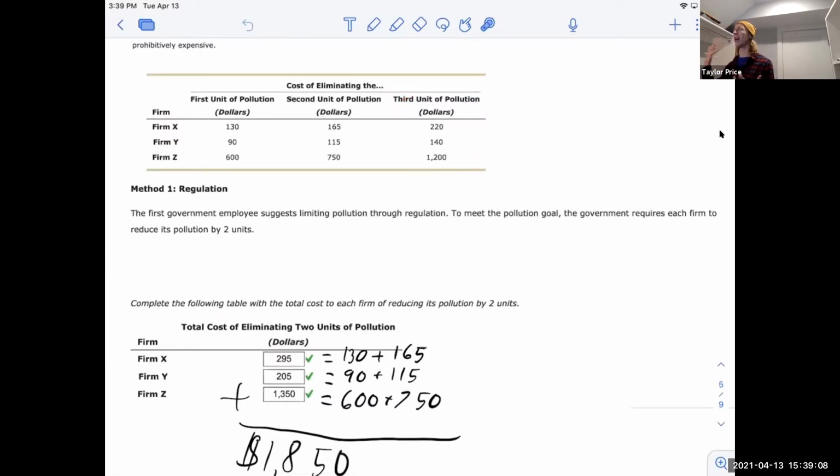I know that seems counterintuitive, but remember the government wants to reduce pollution by a total of 6 units. So ultimately you look at this final unit of pollution to see how much the government needs to set their pollution permit price at.